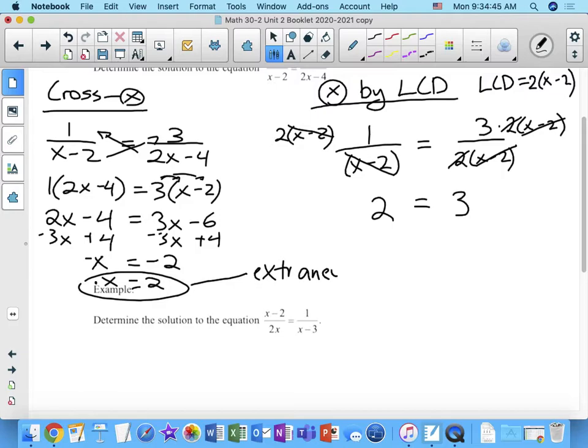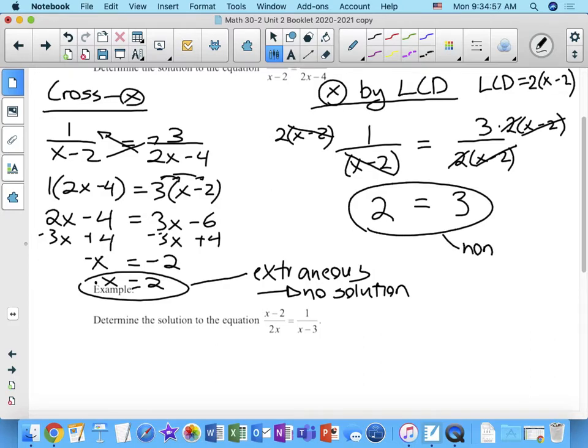Okay, so here, extraneous, no solution. Okay, this is nonsensical, which means there is no solution.